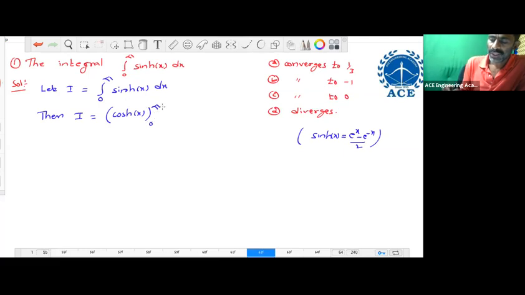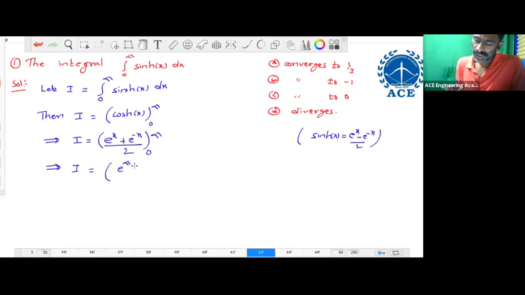One of the limits is infinite. So, to write the value of this function at the upper limit in an easy way, we should express this hyperbolic function in terms of exponentials because of the infinite limit, which implies I equals e power x plus e power minus x by 2 from 0 to infinity.